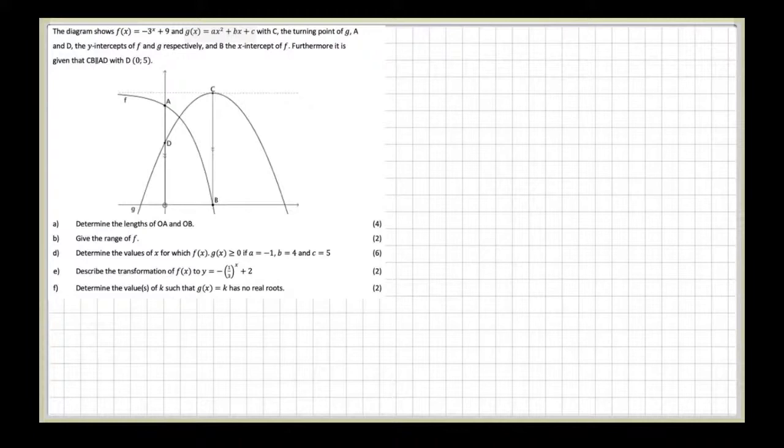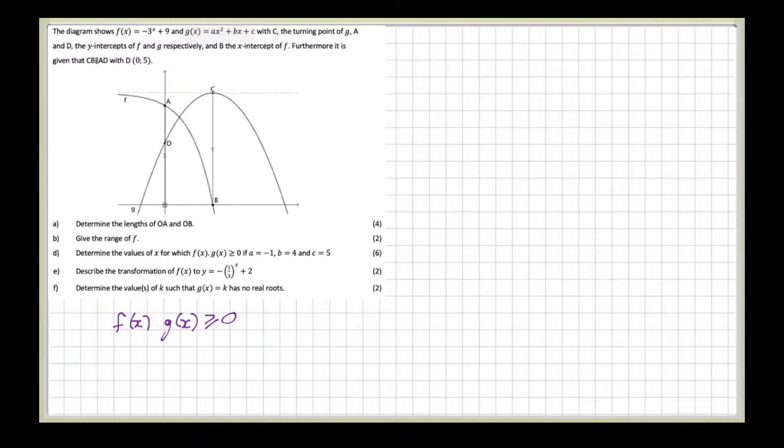If they say f of x times g of x is greater or equal to 0, that means the y value of f times the y value of g must be positive. Let me repeat that. The y values of f times the y values of g must be positive.